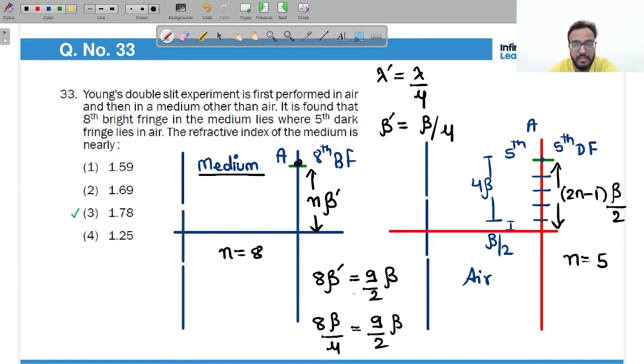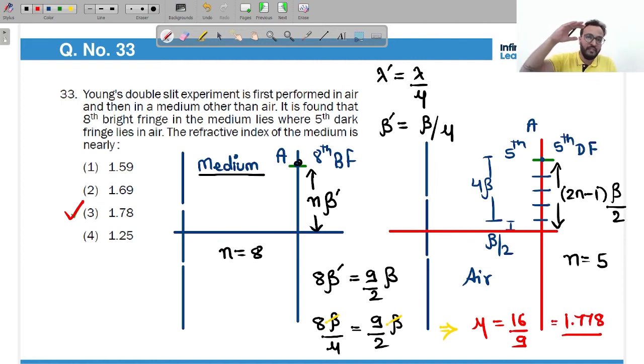So this beta and beta will get cancelled, and on solving, mu comes out to be 16 upon 9. That is 1.778. I guess the third option is correct. Did you understand, students? So the fringe pattern actually shrinks in any medium, right? Cool. I hope you're understanding things pretty well.